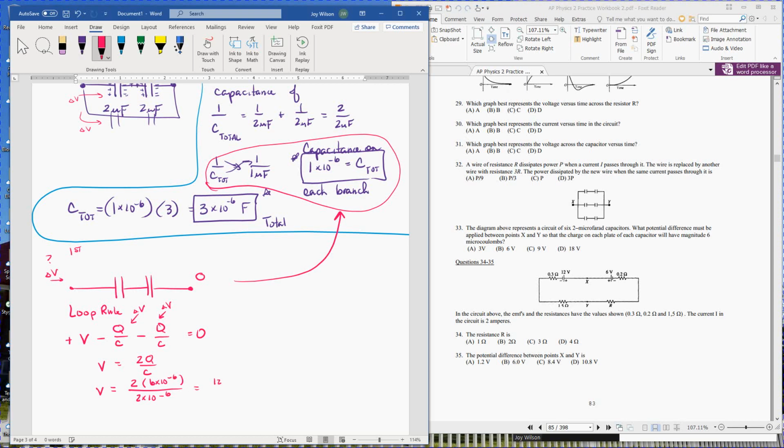So we get on top 12 times 10 to the negative 6th. On bottom we get 2 times 10 to the negative 6th. And so our total here would be 6 volts. 6 volts is what we need, and each one of these capacitors will be dealing with 3 of the volts. So that when you pass each one individually, you use up 6 volts total, and those 6 volts total is what we're looking for from X to Y.